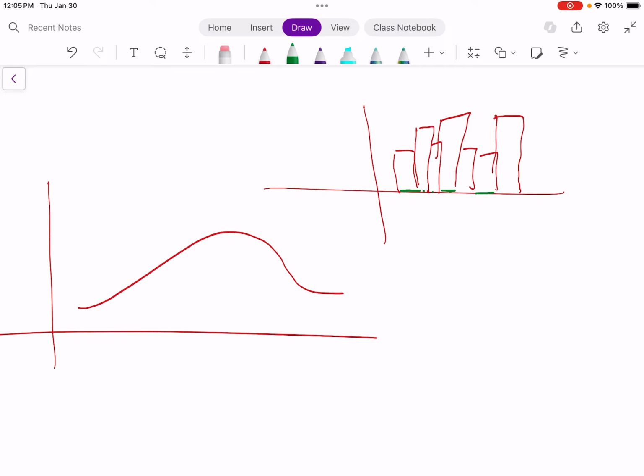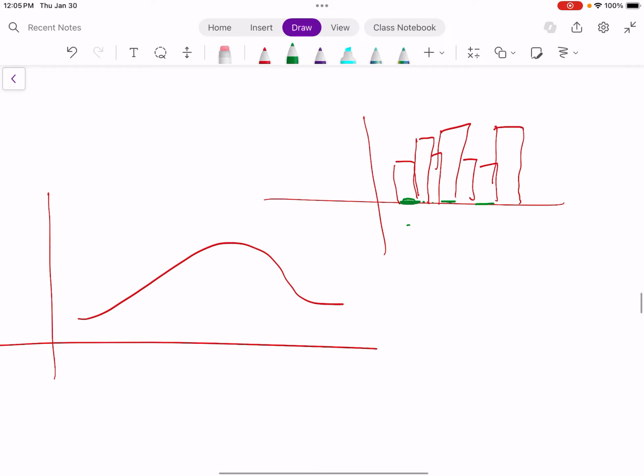Now if we decrease the width, our histogram appears to be a smooth curve. Whenever I draw this smooth curve, you should understand that this is a histogram of a data set. To get this kind of smooth curve, we must have classes of small width.